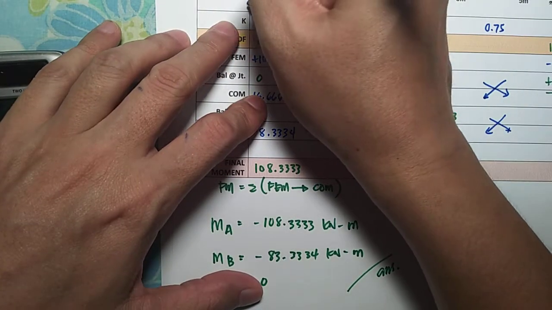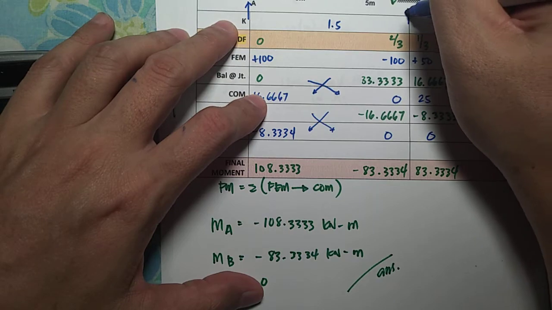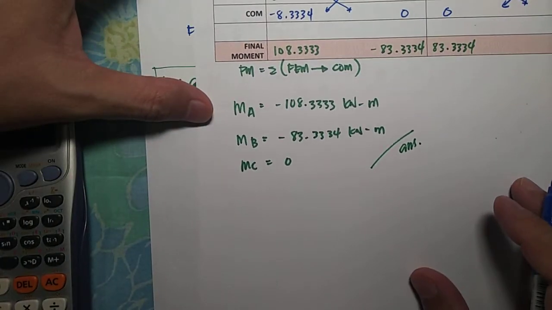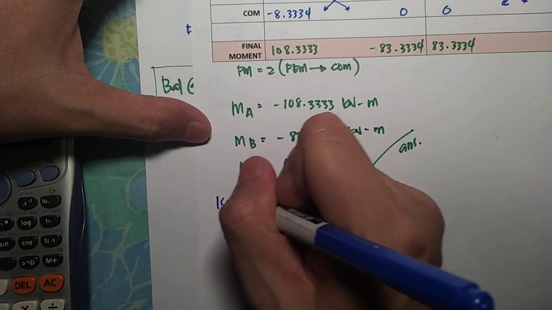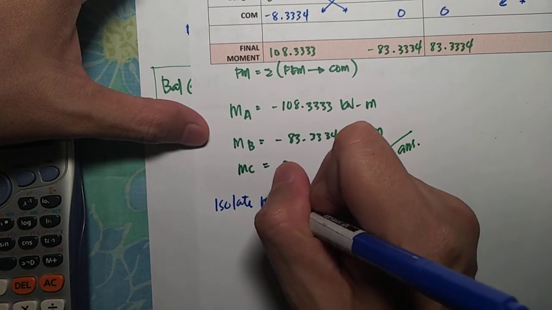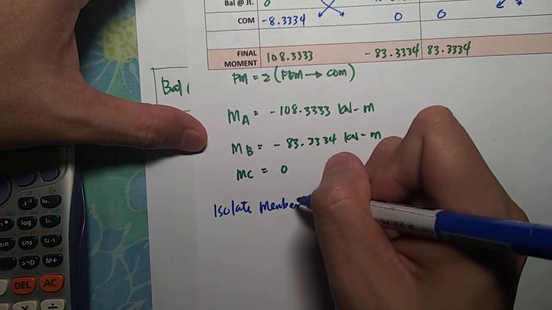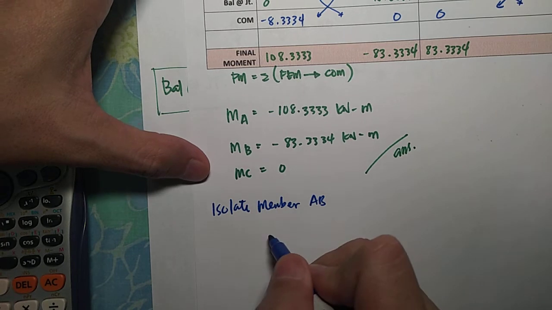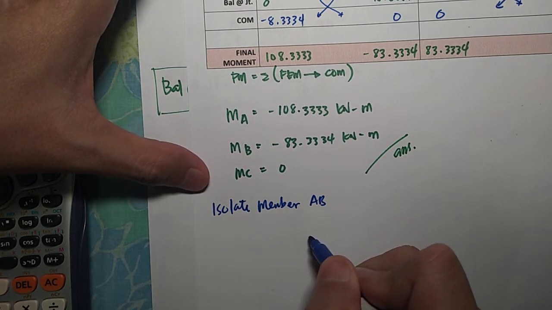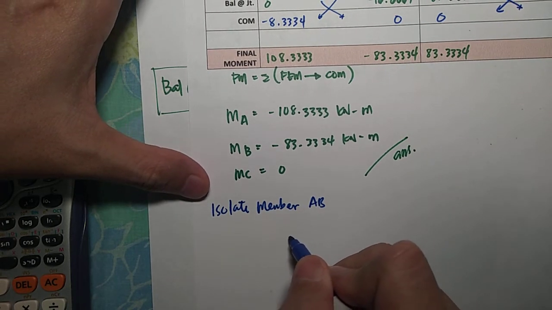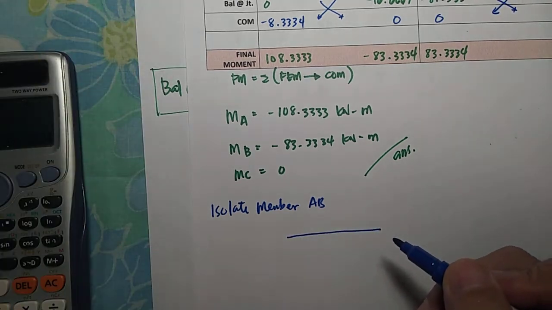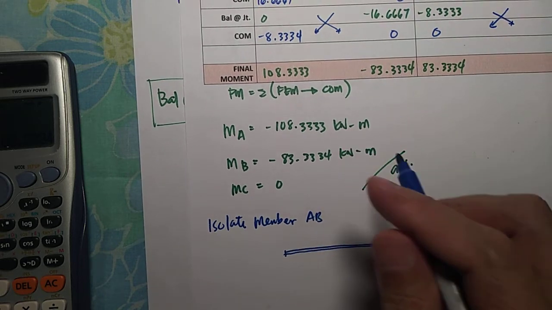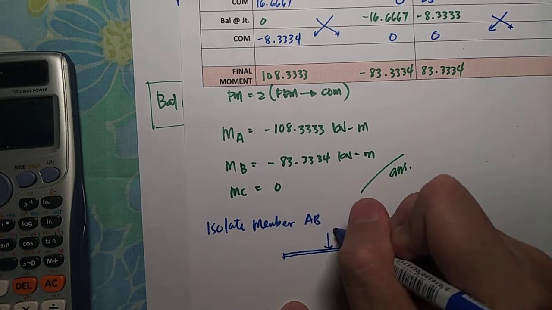Okay, so this is the reaction at A, reaction at B, and reaction at C. Okay, so first let us isolate say member AB. Okay, so how do we isolate member AB? Okay, so ito si member AB. Okay, so may 80 ako dito.